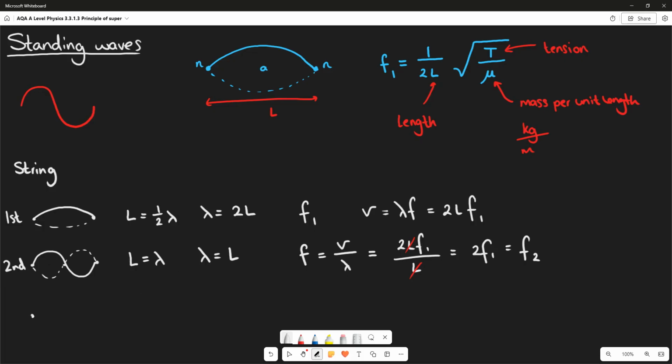We have a node, two nodes in the middle this time, and another one on the end. So loop, loop, loop. The length of this string consists of a full wavelength and then another half a wavelength. So that makes 3 halves.